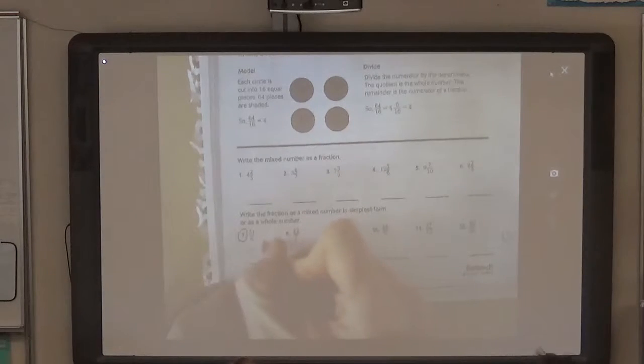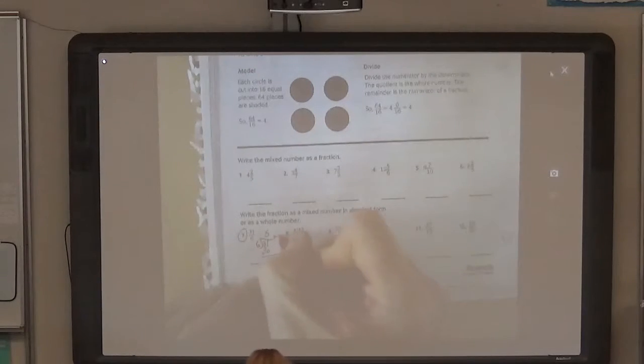Well, we have to do 31 divided by 6. 6 goes into 31 5 times, because 5 times 6 is 30. That's really close. What's the remainder?